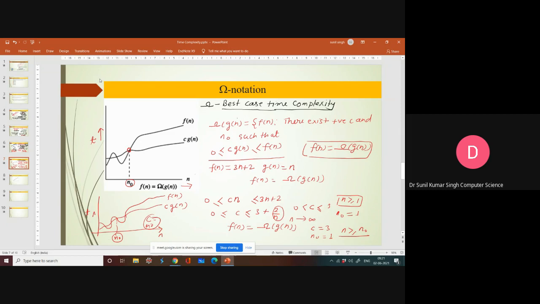But you can see it is changing its behavior here, going down and then coming up. And what is expected? It must be always up. So that means this value cannot be n naught. So what will be the n naught? This one will be the n naught.